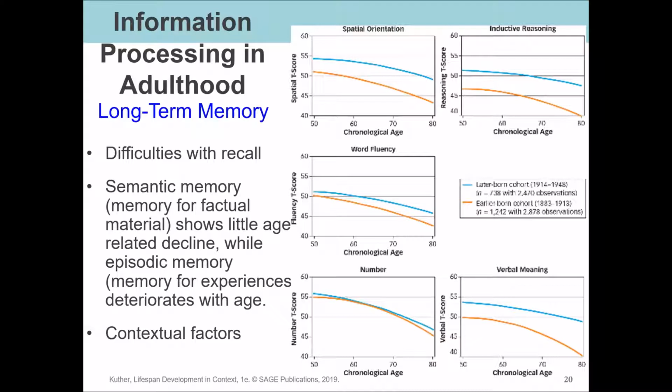Now, in terms of contextual factors, generational differences in cognitive performance, so what we're talking about here is looking at different generations. You can kind of broadly think of this like a millennial generation and a boomer generation, but we aren't really defining it that specifically. Instead you can think of it like people who are around 50 years old or around 70 years old. So cohorts of people.